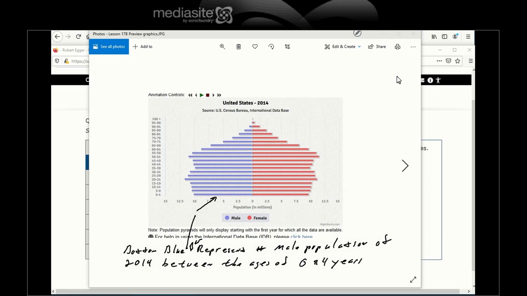The bottom blue represents the male population, 10 to 11 million, of 2014 between the ages of 0 and 4 years. It's complete, it gets all the information in.